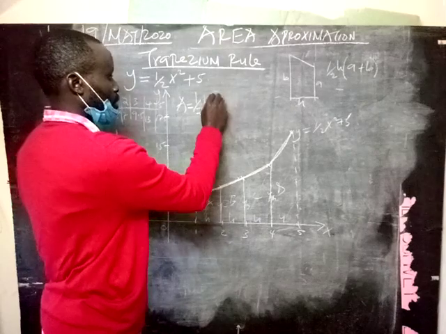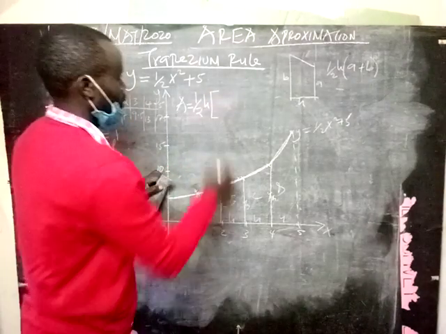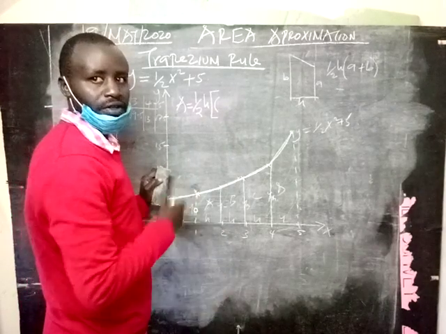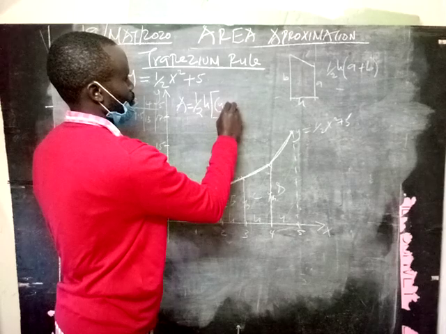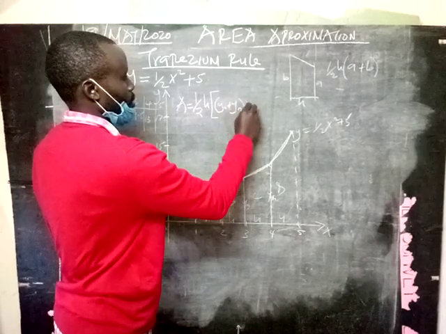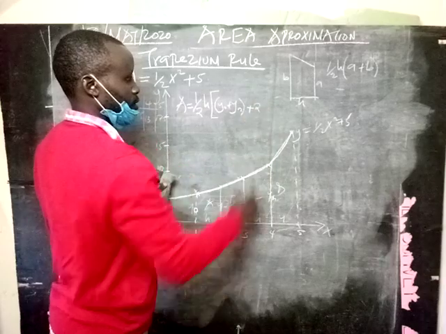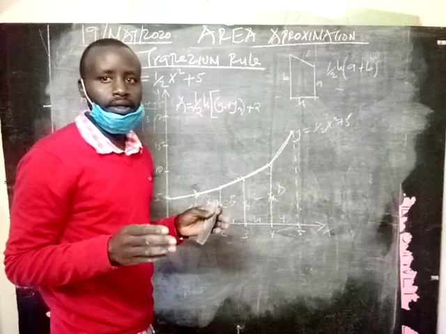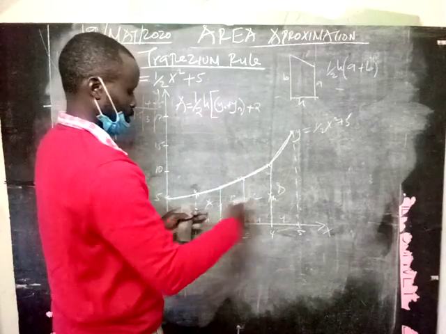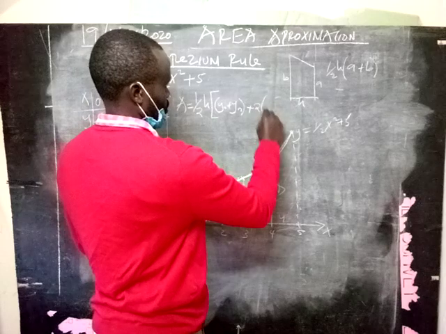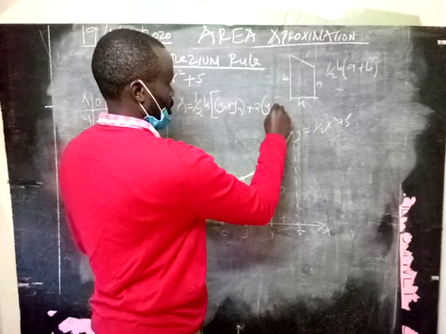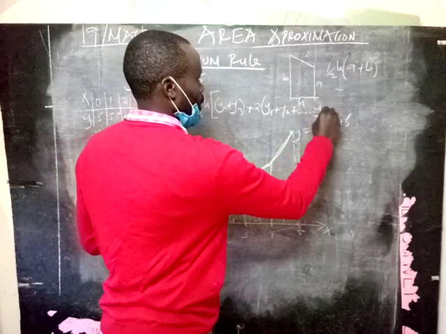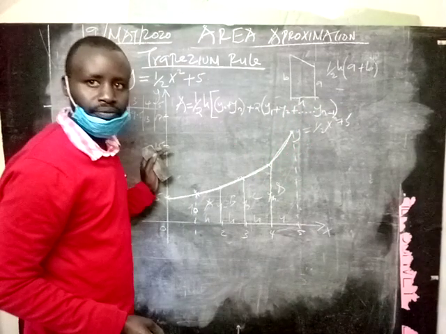Then we have a bigger bracket. We find the sum of the first and the last: y naught plus yn, plus twice the rest in between. So we'll have y1 plus y2 plus all the way to yn minus 1, the second last one.